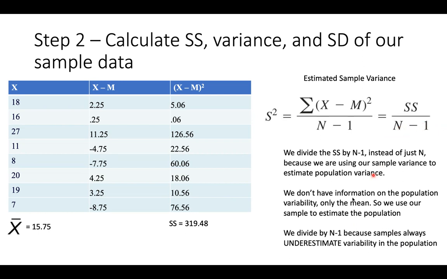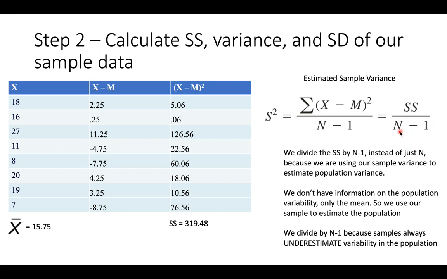instead of just n. Now, if you don't really care that much about all that theory, just memorize, and don't forget that, on your exams, I'll be giving you these formulas, and so you just have to follow them. You should try and understand what's going on here with n minus 1. We're estimating the population.